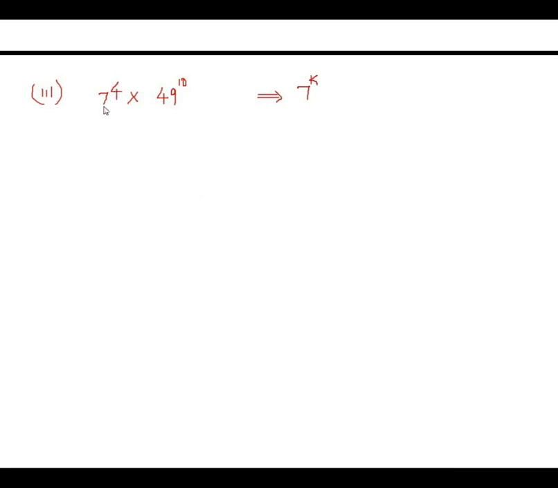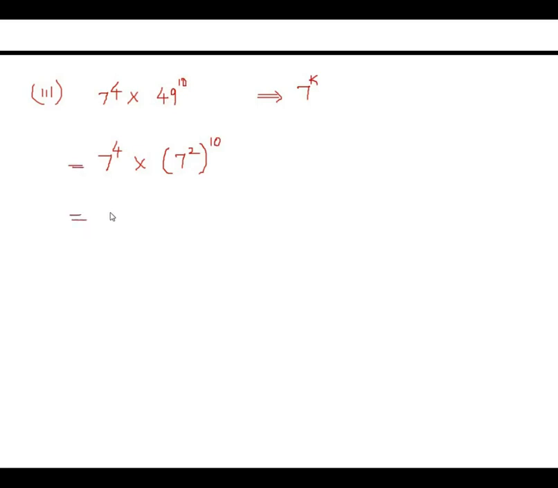So here we don't have to do anything because 7 to the power of 4 is already in this form. Now 49 can be written as 7 to the power of 2 because 7 squared is 49. Now again we will raise it to the power of 10.